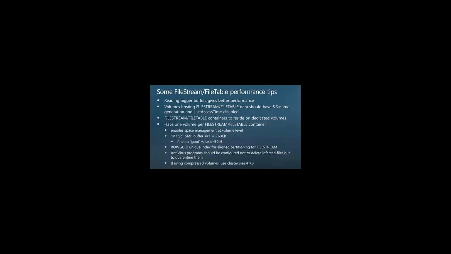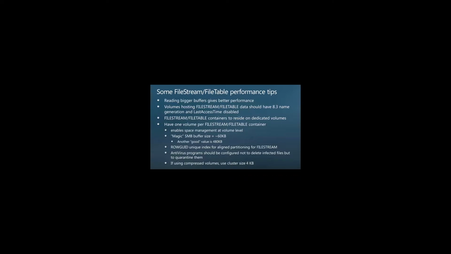If you have file stream or file table data and put that into a volume, into a file group, then make sure that the volume on which that file group is hosted has the 8.3 name and last access time capabilities disabled, because they normally limit the scalability and performance of storing files in large amounts. Also, like any file group, you probably want to have it reside on a dedicated volume, separate from the log, separate from your relational data, to improve your I/O parallelism.